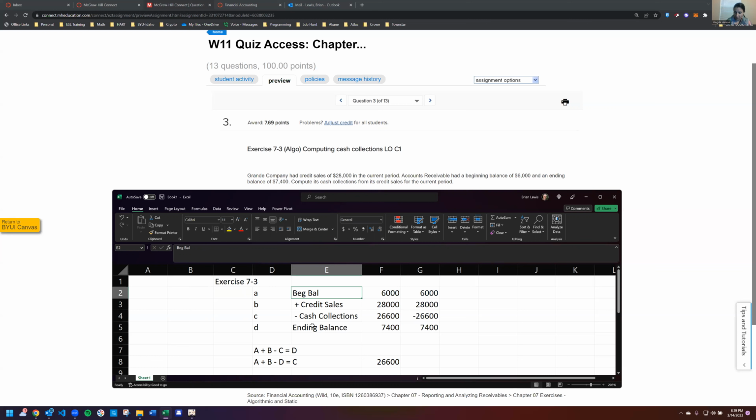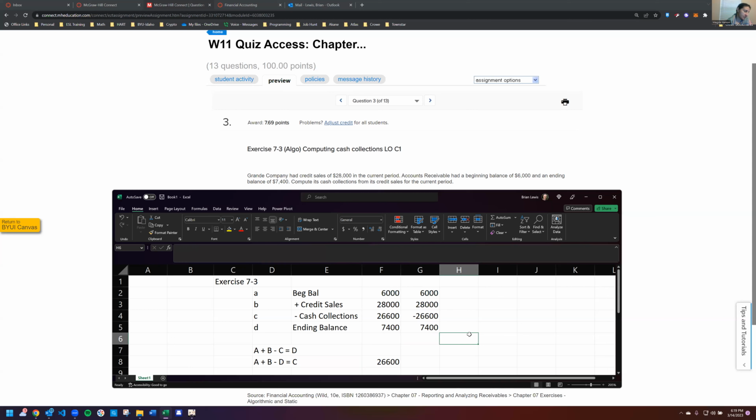Depending on the variables they give you, you're going to have to figure out the unknown. So that's why I would have done it this way: figure out what the unknown is, then solve for it and verify it. Okay. Did you have another one that you had a problem with?